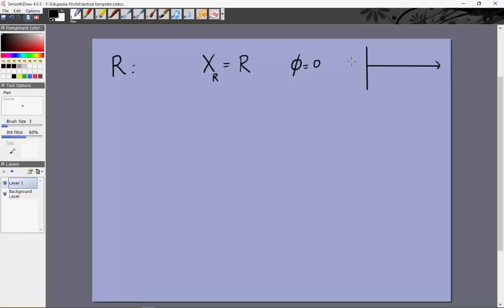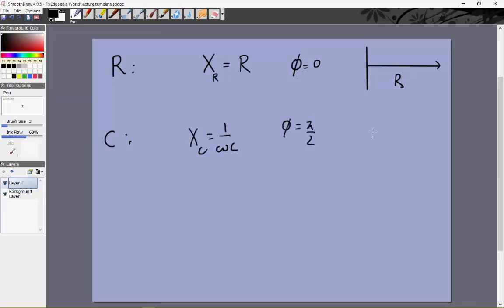So in this case, X will be equal to R and phi is 0. We'll represent it as a vector which has a magnitude R and direction 0, that makes an angle 0 with the x-axis, right? So this is the vector for reactance of a resistance. For a capacitor, XC is equal to 1 by omega C and phi is equal to pi by 2.